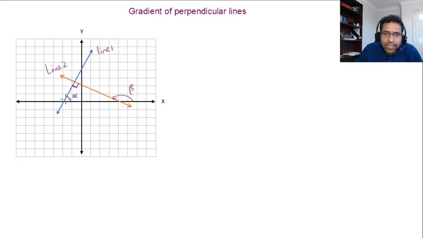We know that the gradient of line 1 is m1, and I can easily say m1 will be tan of alpha, and m2 will be tan of beta, because the tangent of the angle a line creates with the positive x-axis is called the gradient or slope. Now the issue is we are trying to make the relation between m1 and m2, so we have to make a relation between alpha and beta.